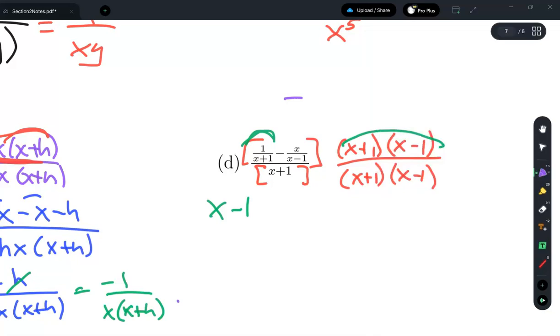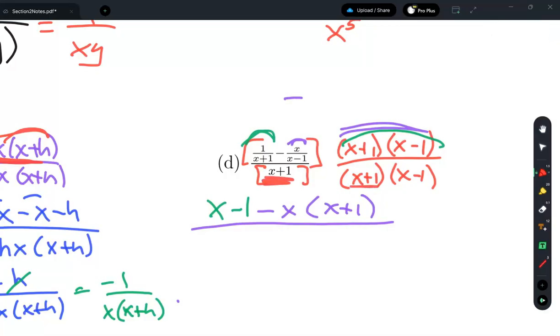And if I multiply this term times all of this, the x minus 1's cancel, so I'm left with a negative x times x plus 1. Then let's see what's happening down here. I've got x plus 1, which can be rewritten as x plus 1 squared times an x minus 1.